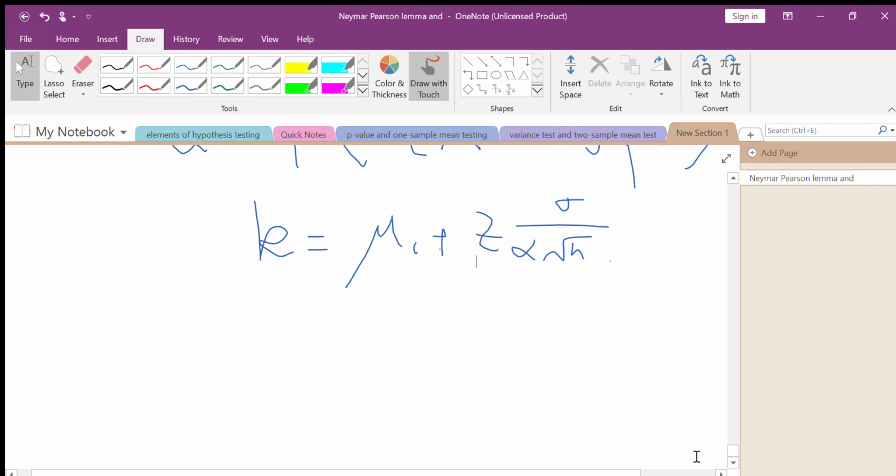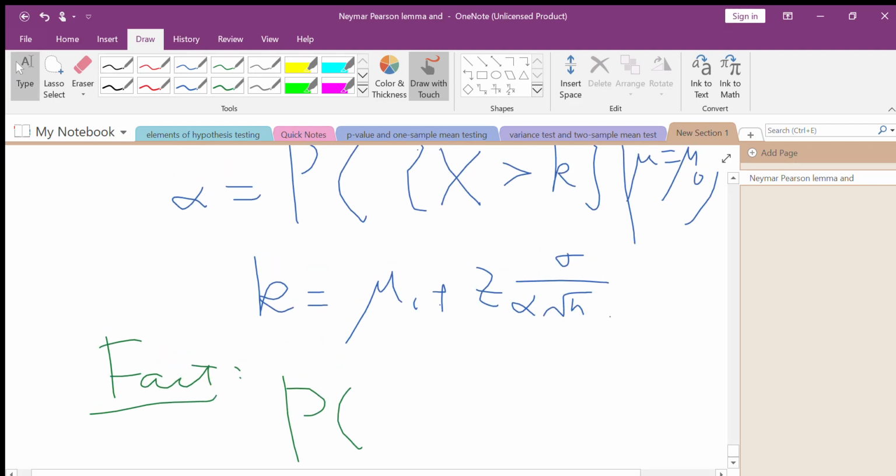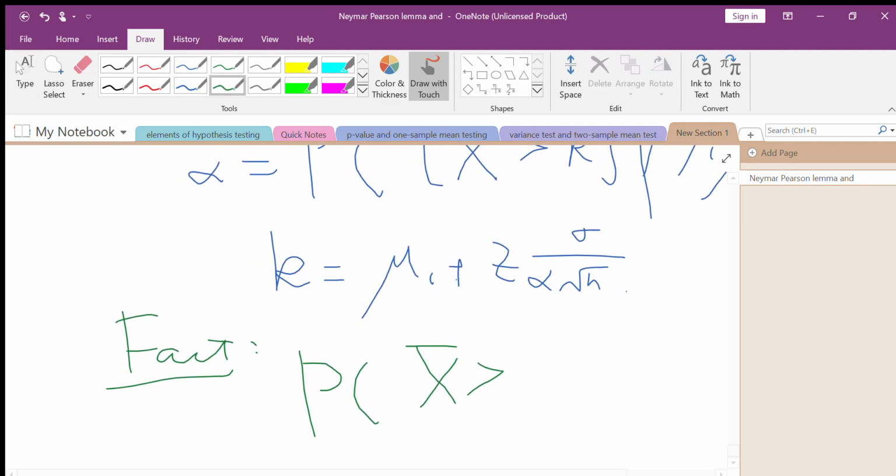And let me tell you a fact. The fact is that the probability of capital X bar greater than mu 0 plus z alpha sigma divided by square root of n, given H null.